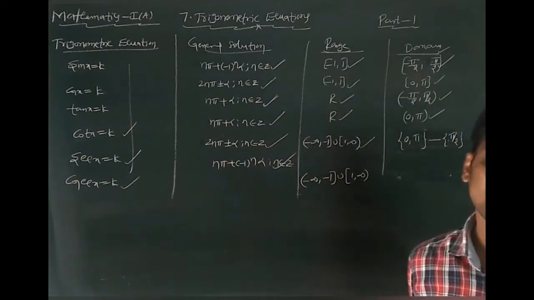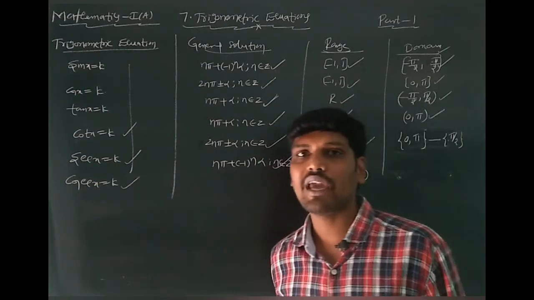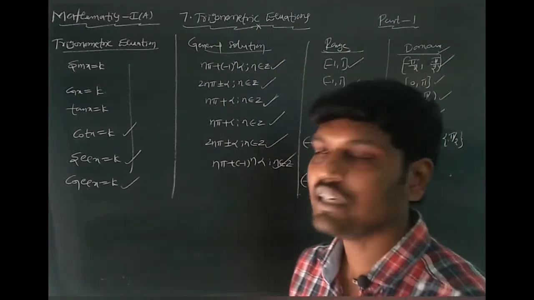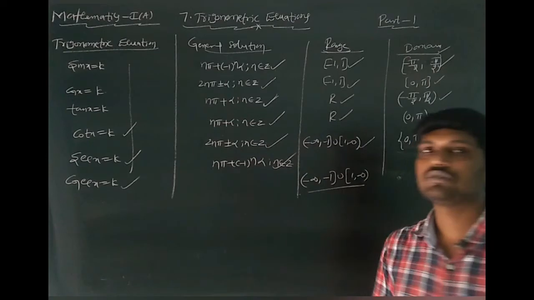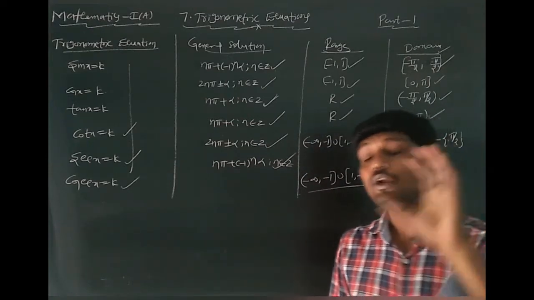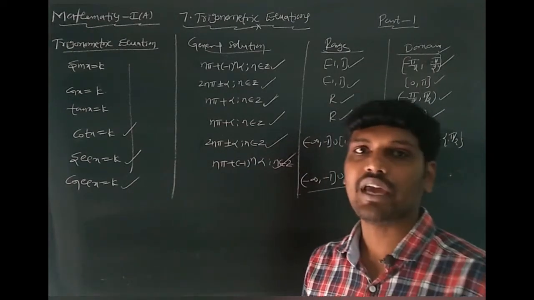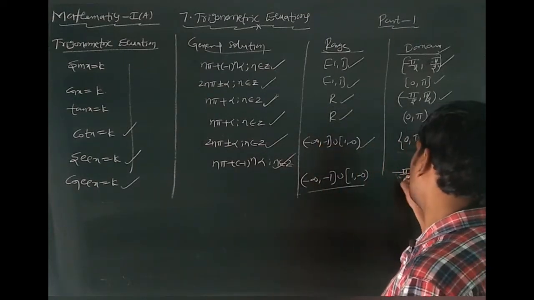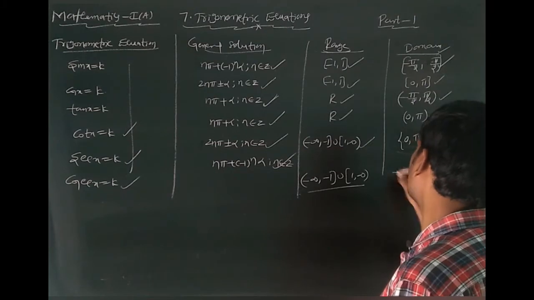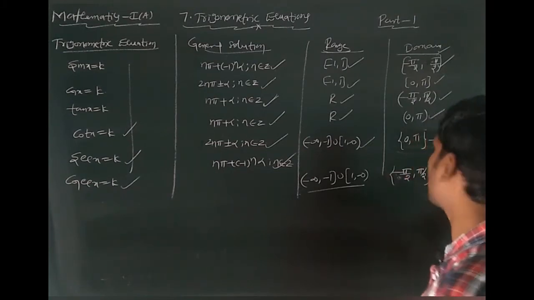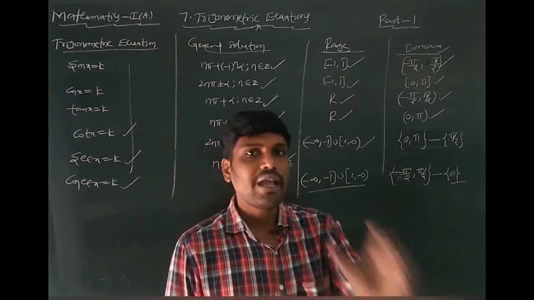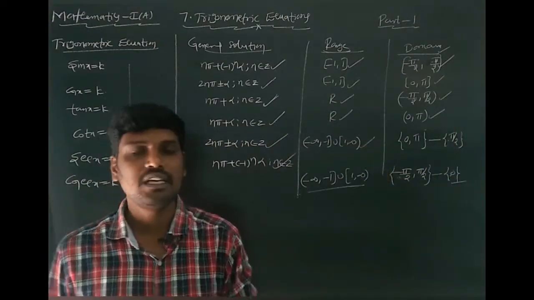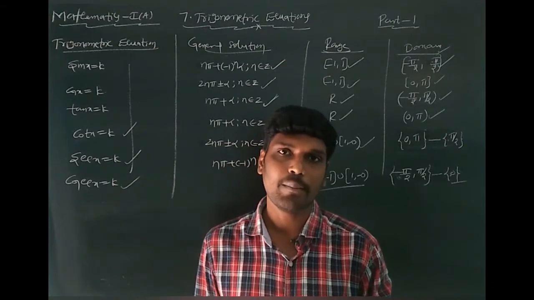Simply, the range of cosecant x is equal to k is the same as secant, minus infinity to minus 1 union 1 to infinity. The domain is the interval minus pi by 2 comma pi by 2, and you have to remove 0. That is the domain of the cosecant x is equal to k trigonometric equation.